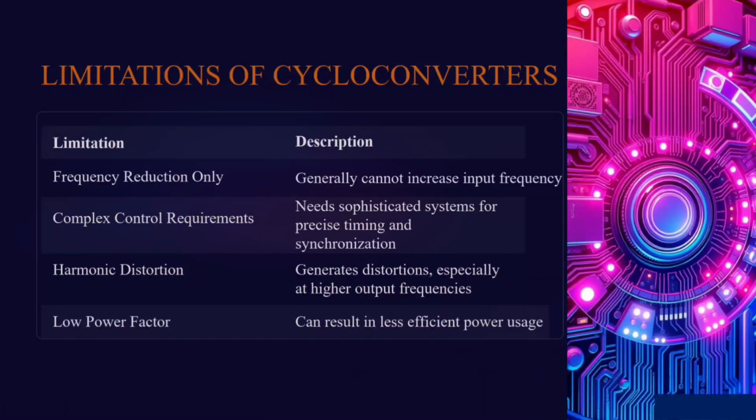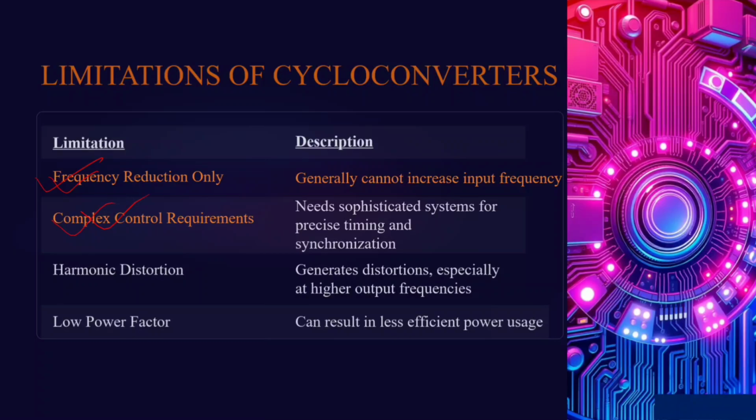Some limitations also exist in the case of cycloconverters. What are the limitations? First, the frequency: it basically only reduces the frequency, which is the purpose of this cycloconverter, so generally it cannot increase the input frequency. Then complex control requirements. What is the meaning of that?